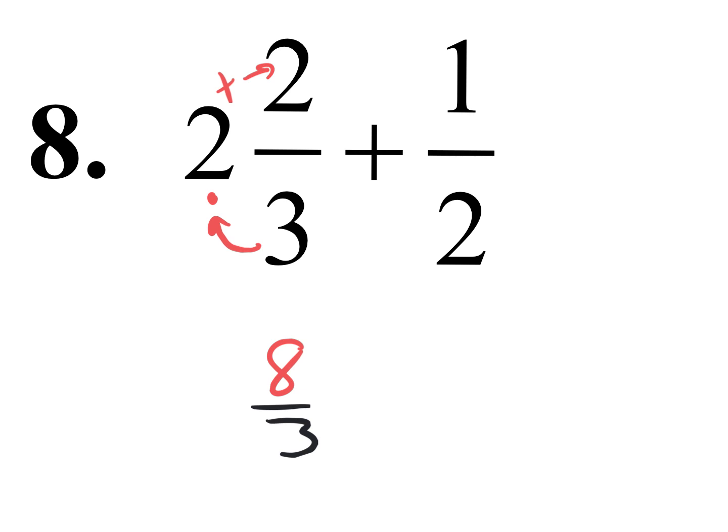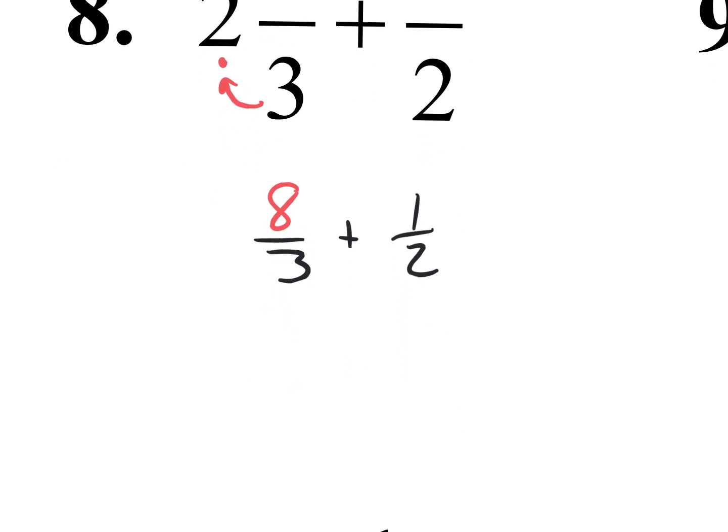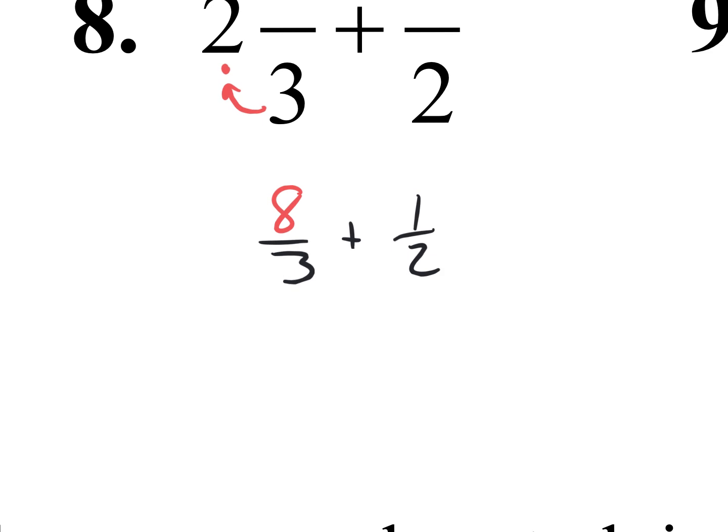Are you with me? Okay, now the other fraction, it says plus 1/2. We need to add these two fractions, and we know that in order to add fractions, we need a common denominator. What's the common denominator going to be? 6. So we're going to have a 6 right here and a 6 over here. How do you change this 3 to become 6? Times 2.